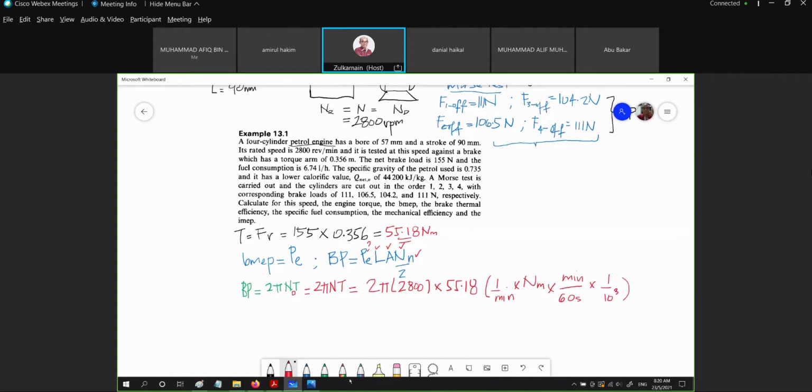So kita punya minute and minute should be cancel off. Ini adalah kilo. Okay, kilo over 1000. Jadi dalam kes ini Newton meter, kita akan gunakan dia sebagai joule lah. So unit yang kita akan dapat di sini adalah kilojoule per second, which is equivalent to kilowatt. Kilowatt. So cuba kira berapa dapat?